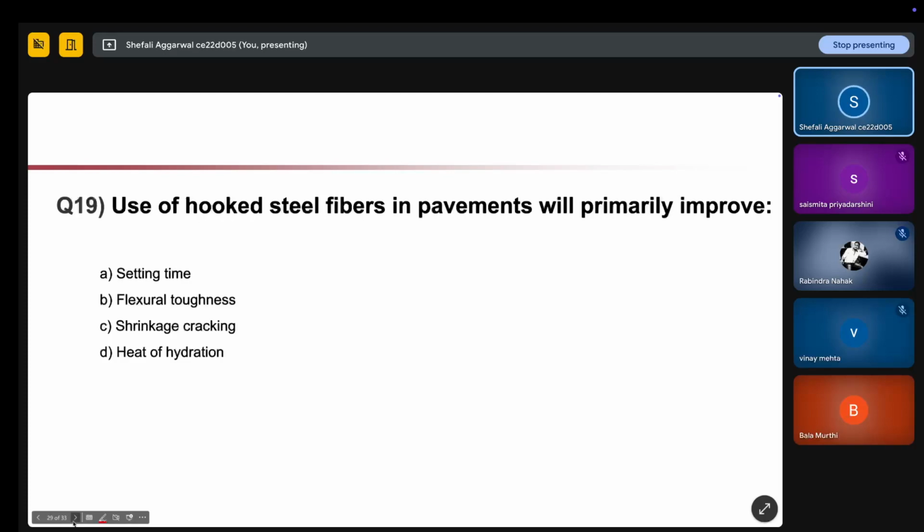Use of hooked steel fibers in pavements will primarily improve setting time, toughness, shrinkage cracking, or heat of hydration in pavements.